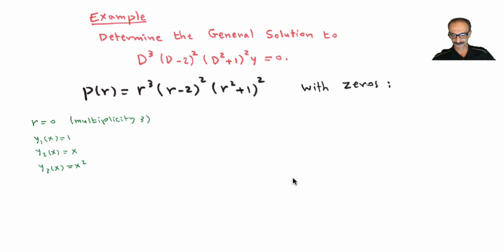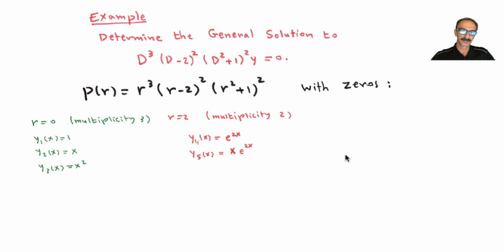Any constant will do, but we picked one for this one. Let's look at the second one. R equals 2 multiplicity of 2. We have y4 and y5. We have to move on and keep giving new names now. e to the power 2x and e to the power 2x times x because it's repeated.